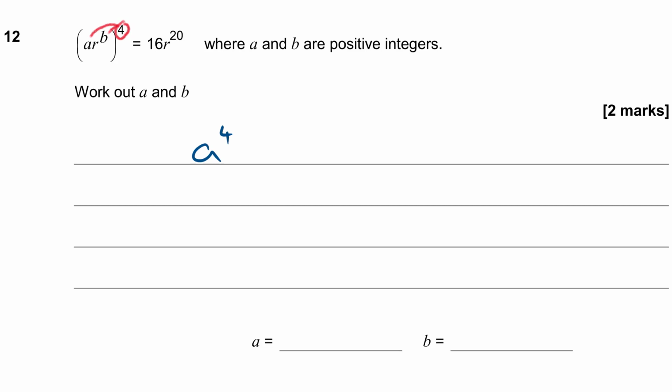r to the power of b raised to the power of 4 is going to be, we're going to multiply those two together and we're going to get 4b. So that's going to give me a to the 4 r to the power of 4b, and I know that's equal to 16 r to the power of 20. So all we've got to do now is equate the coefficients.